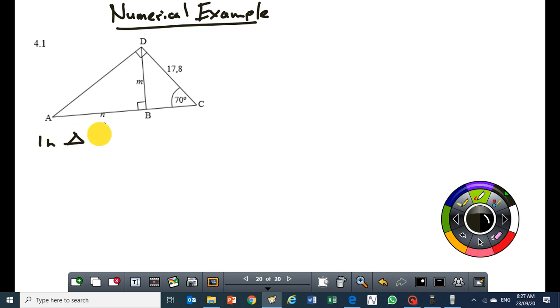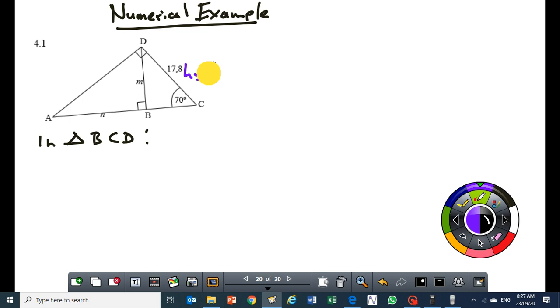Always when you have more than one triangle, you must identify and name the triangle you are going to use. So in triangle BCD, this is my opposite side with reference angle C, and sorry, that's my hypotenuse.